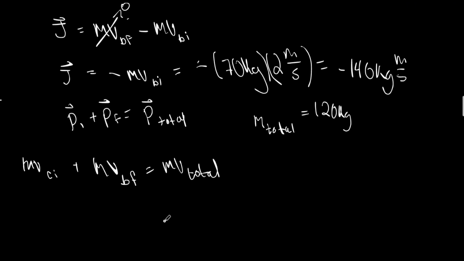Okay. And since we want to know the total velocity of the car after the boy jumped, we know the value for the final velocity because the car will still continue to go at 2 meters per second, but we just don't know the velocity of the boy after the boy jumped.